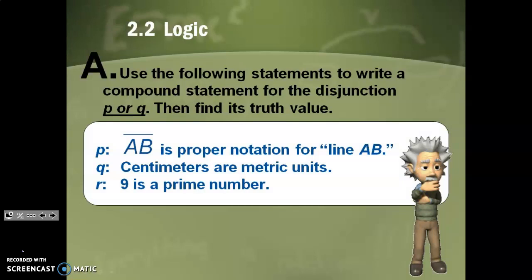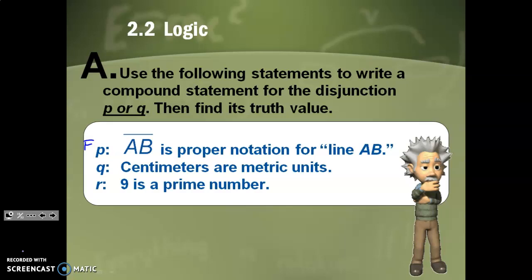So here's a compound, P or Q. You actually read this as line segment AB is the proper notation of line AB. So P is actually false in this one. Centimeters are metric units. That's actually true.